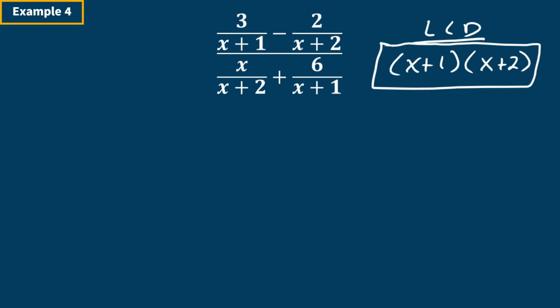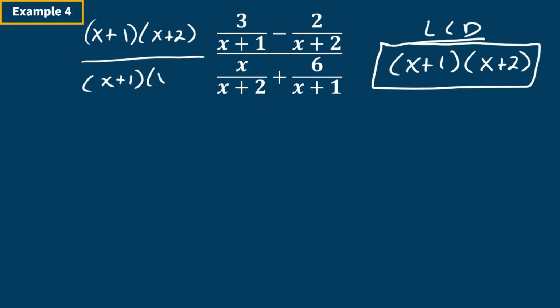So we're going to multiply the top by x plus 1 and x plus 2. And then we multiply the bottom as well by the same thing, x plus 1 and x plus 2. To save some time, we already know that we're going to be canceling these fractions out.